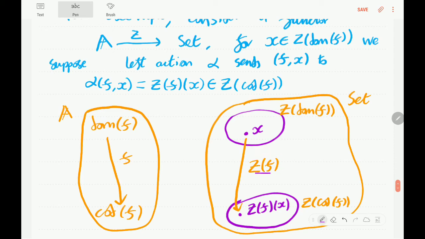We can do this lifting of F to give this function Z of F. We can apply that to X to get Z of F of X. And that's going to be an element of Z of the codomain of F.